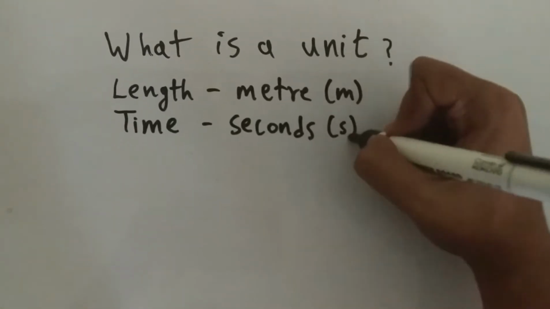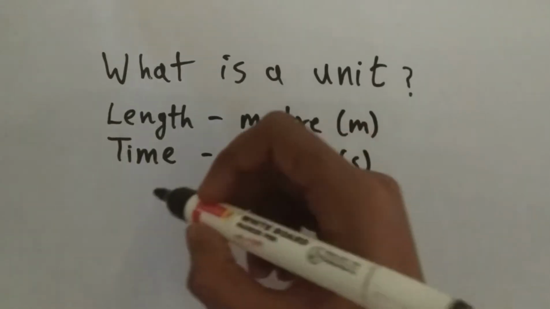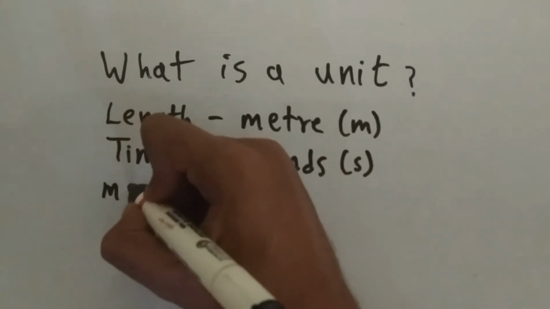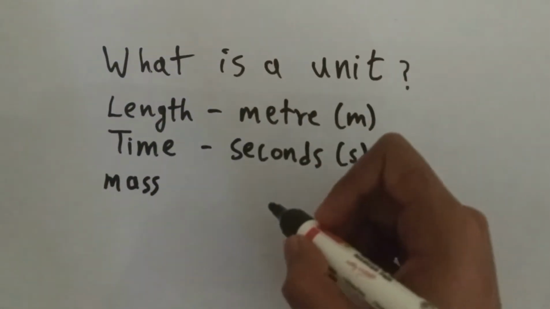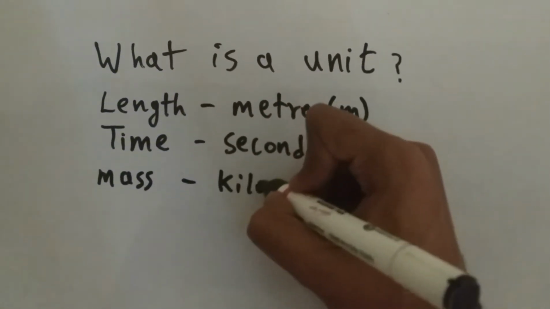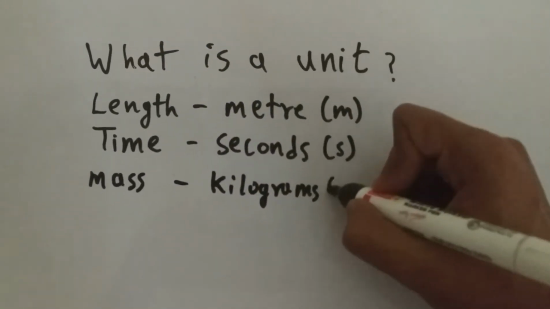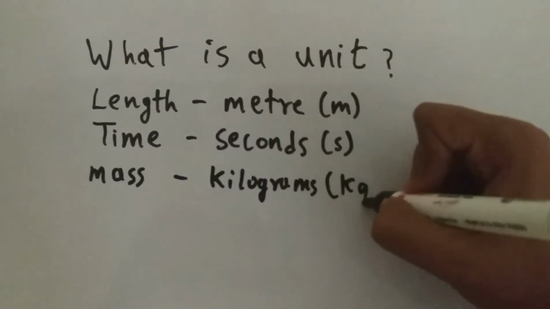It's represented by small s. Next is mass. It's represented by kilograms, kg.